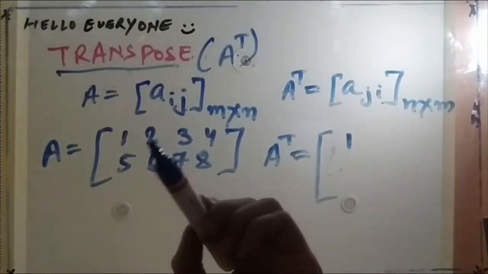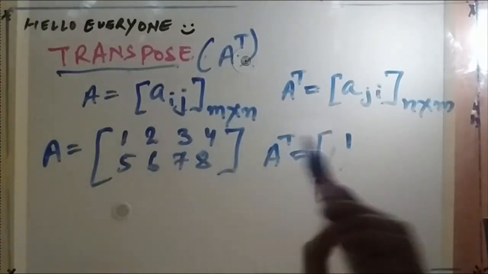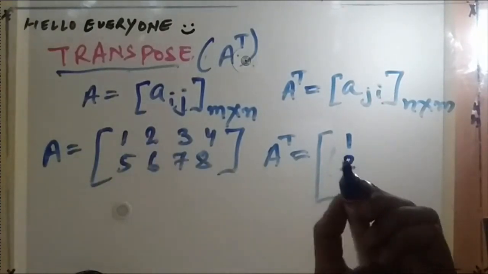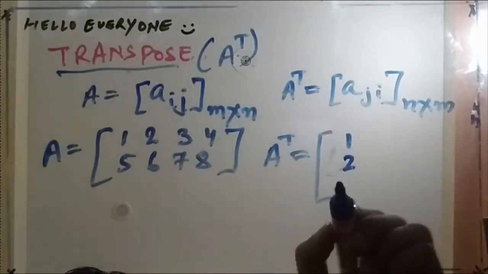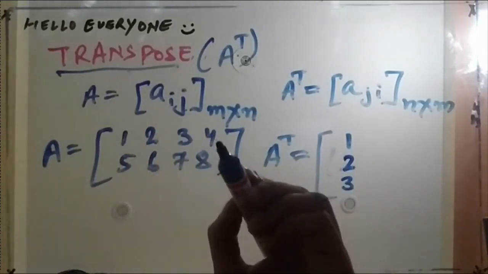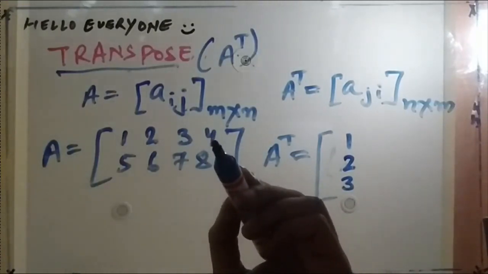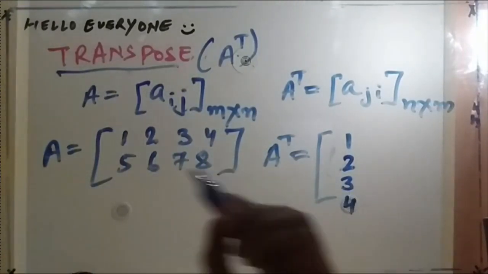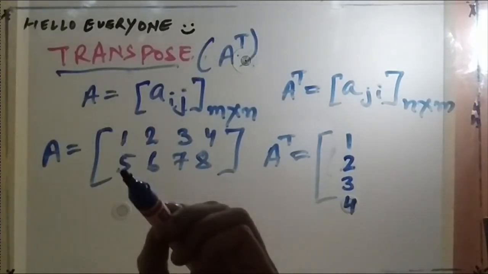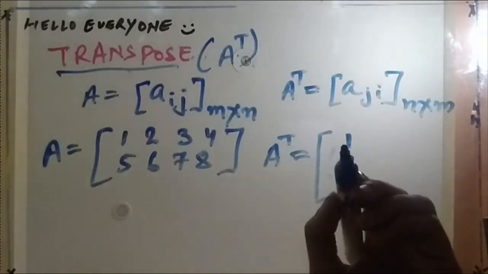Next it is 1, 2, so it will change to a_21. So the 21 position is this one. This one is 1, 3, it will change to 3, 1, and this one is 1, 4, so it will change to 4, 1. This one is 2, 1, it will change to 1, 2.